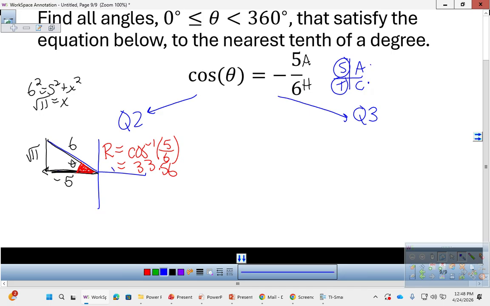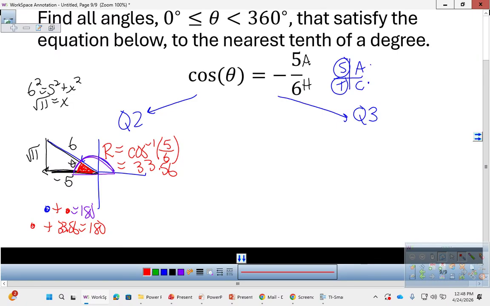But what I want is this angle. Just based on the picture, the blue plus the red together makes this half circle, which is 180 degrees. So if I know that the red is 33.56, I can solve for the blue by subtracting 33.56 from 180.